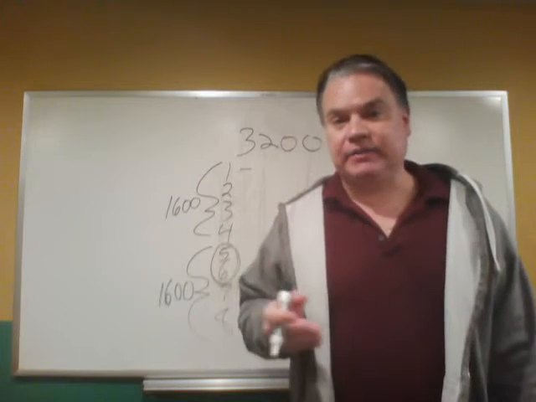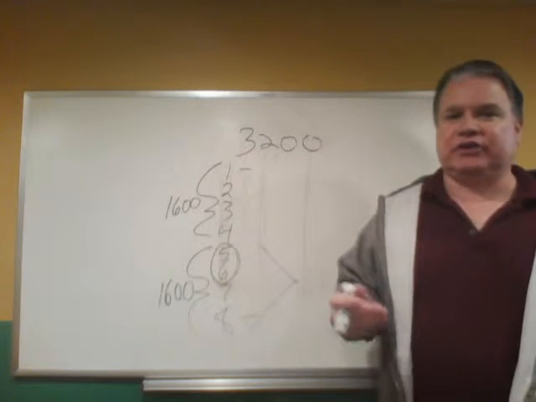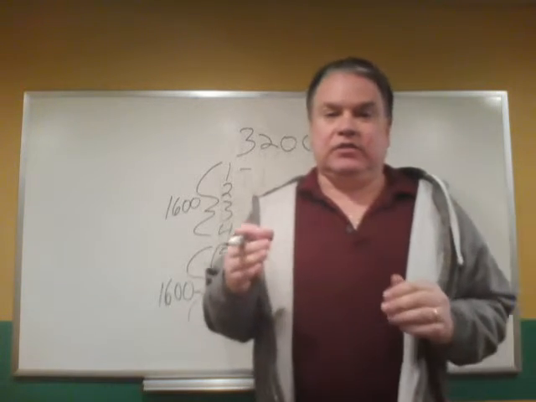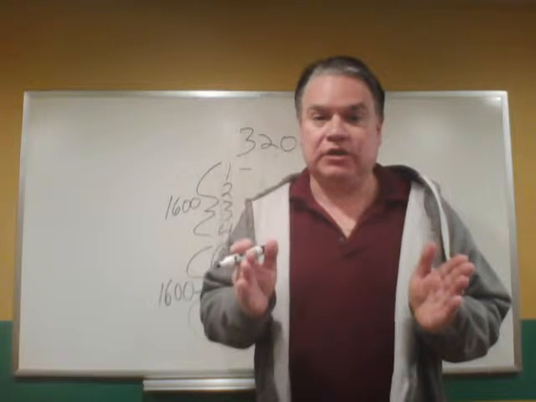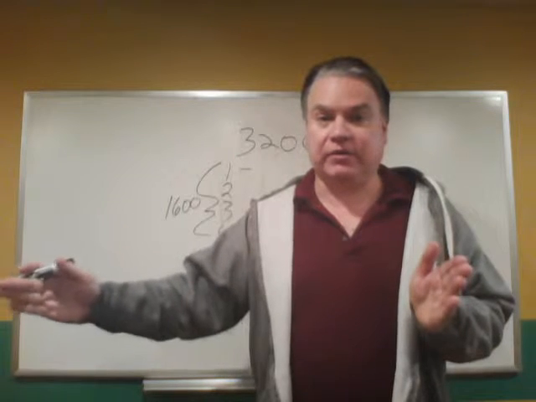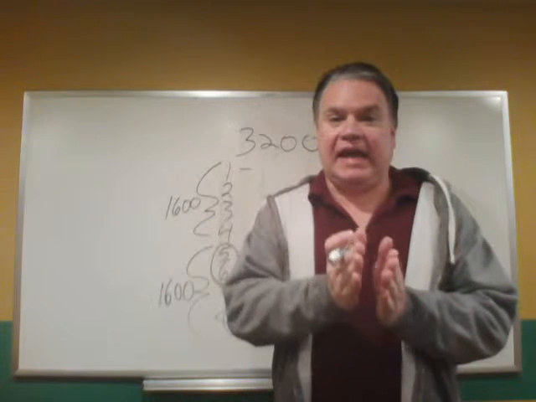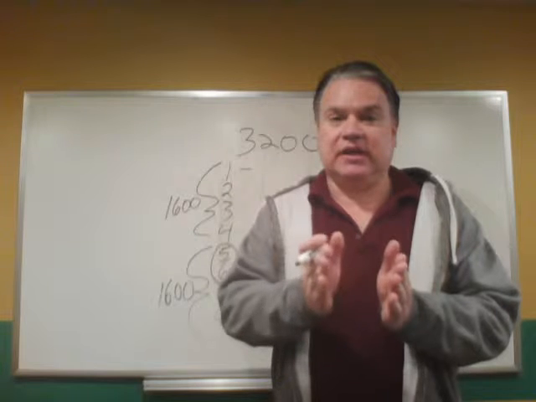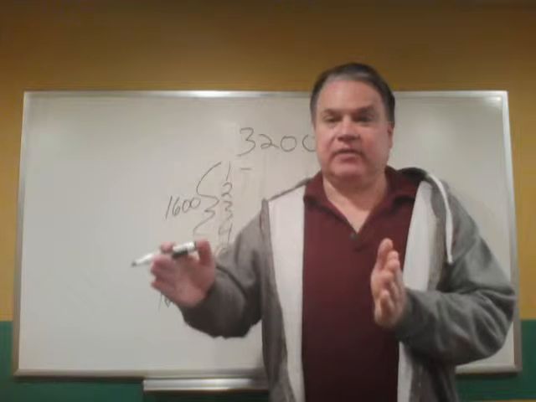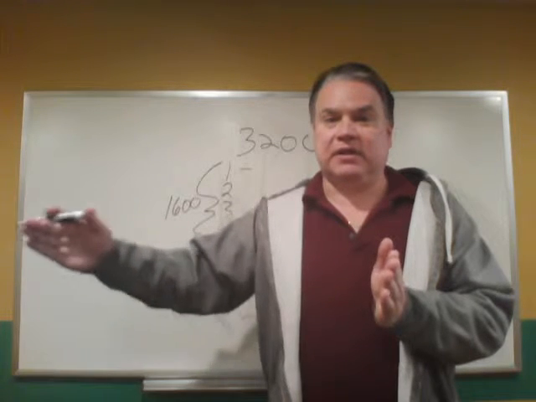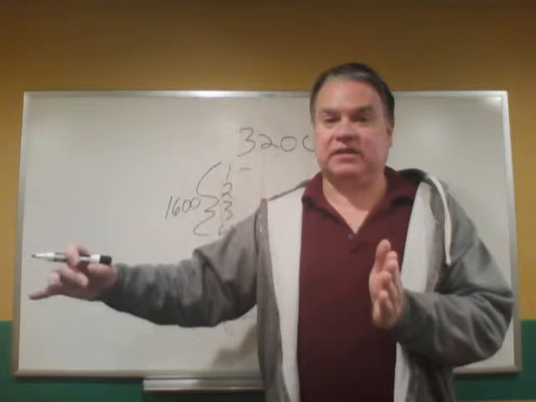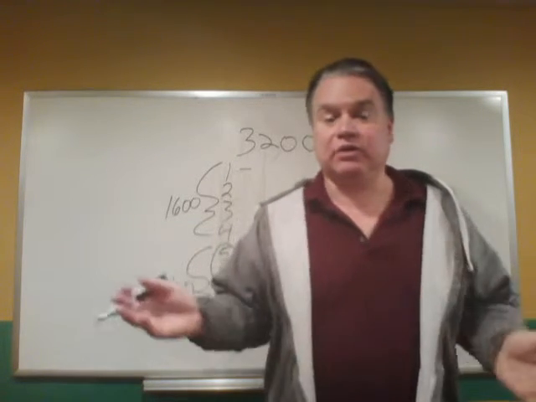Now remember, it's an 8-lap race. And depending on your strategy, let's say you're the type of person who will lead the entire race, then in order for you to win, you need to create as much distance between you and the person behind you as possible. And the way to do that is you add some distance each lap, so that by the end of the race, you've got this big distance that this person can't possibly run fast enough with their kick to catch you and pass you before you win the race.